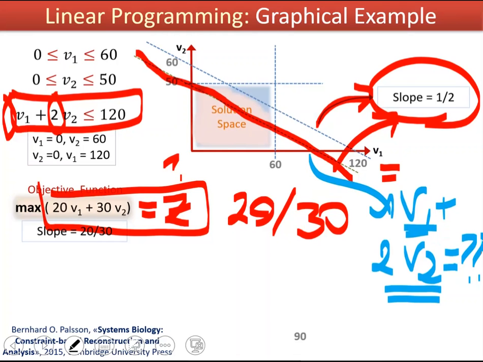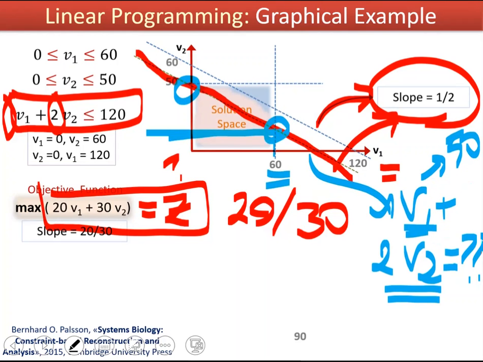You can calculate it because we know that this line passes through a value of V1 50. And in this point, it also passes through a point with V1 60 and V2 certain value.